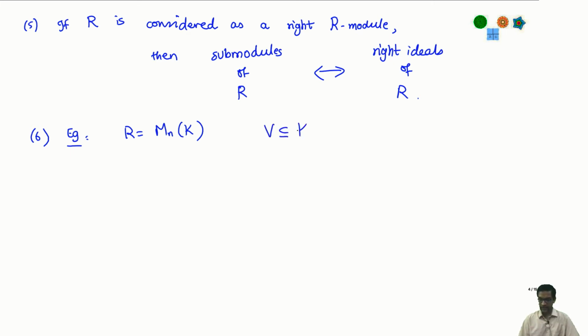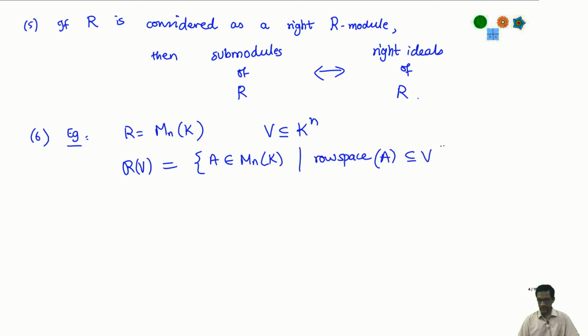I can take any subspace V of K^n, and you had R(V), which was the set of all matrices in M_n(K) whose row space, which means the span of the rows, is contained in this fixed subspace V. And then there was C(V), which is similarly the set of matrices whose column space is contained in V.